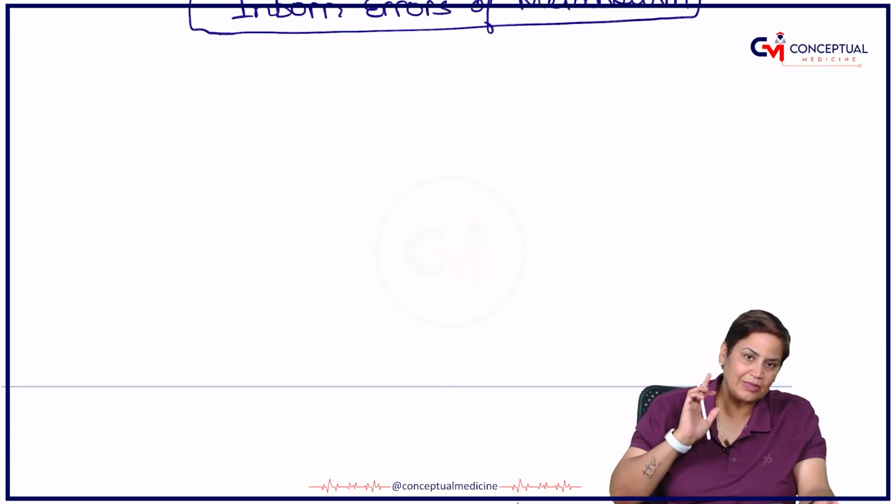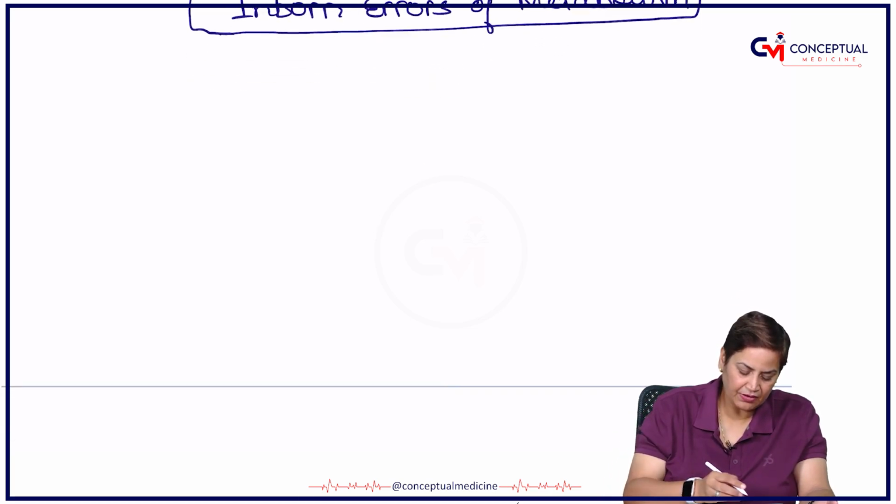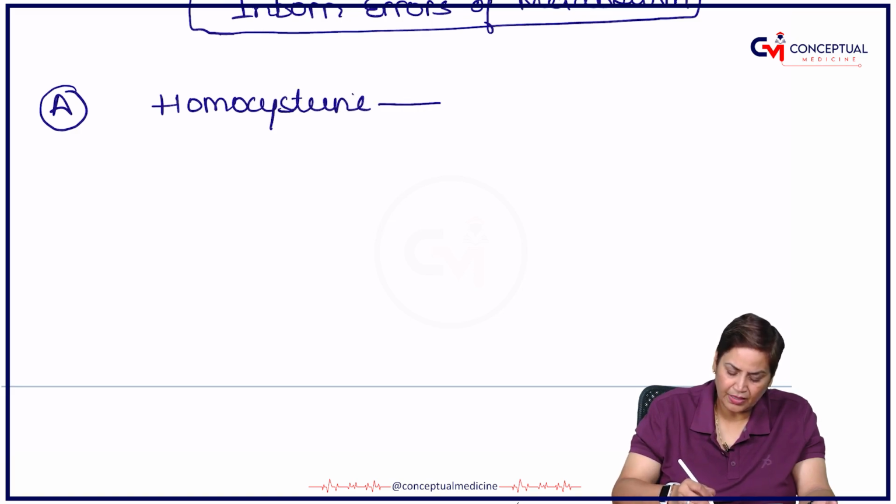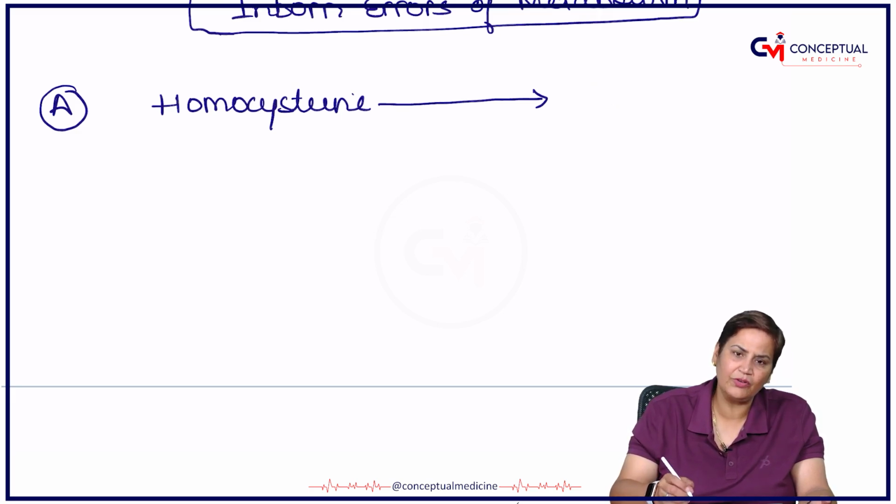Now coming over to the first reaction, in which homocysteine is forming cysteine. Sorry, one second. First we will take how homocysteine is being converted into methionine, then later on we will take how homocysteine is being converted into cysteine. So first reaction is homocysteine is forming methionine.